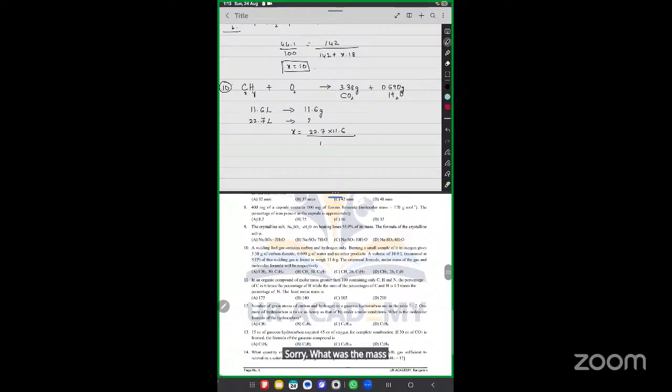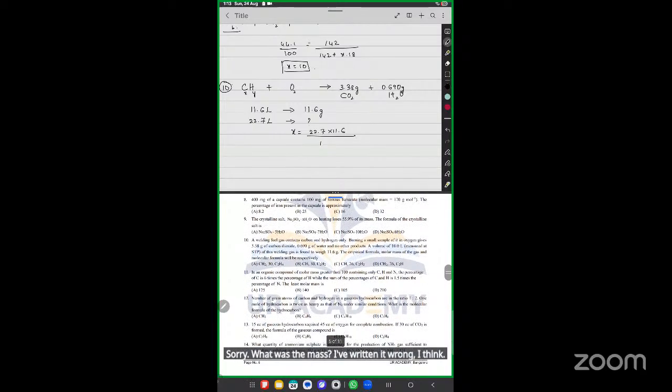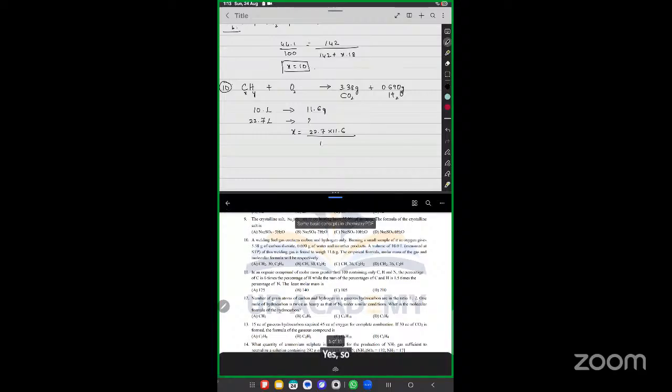I have written it wrong, I think. 10 liters. This is correct. So this becomes 22.7 into 11.6 divided by 10, so 22.7 into 1.16 would give you the answer.